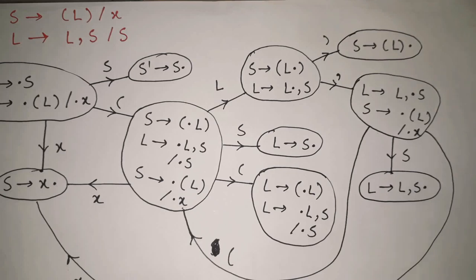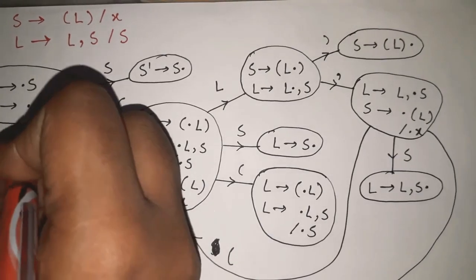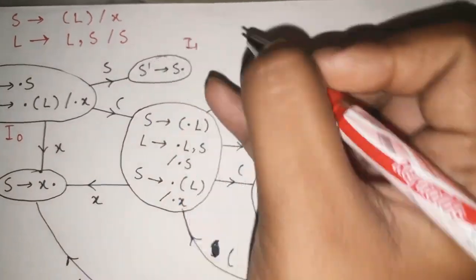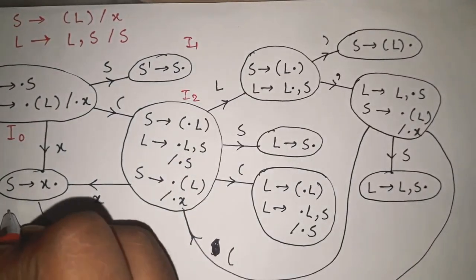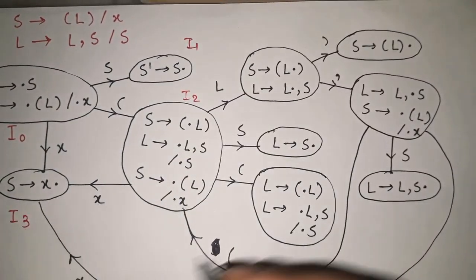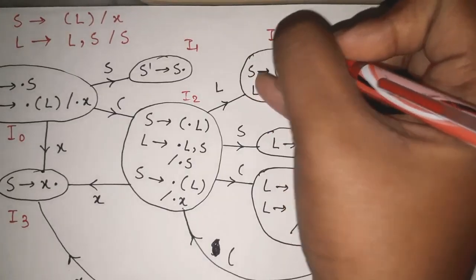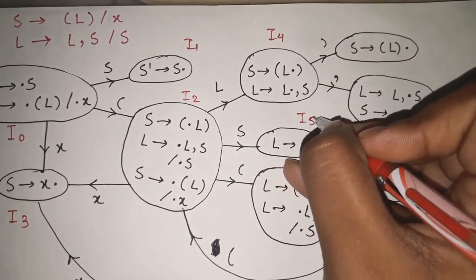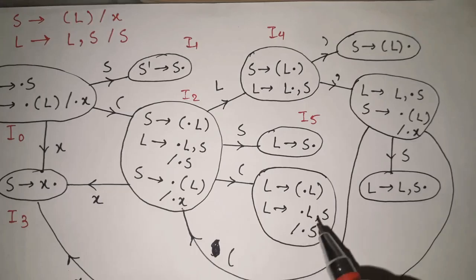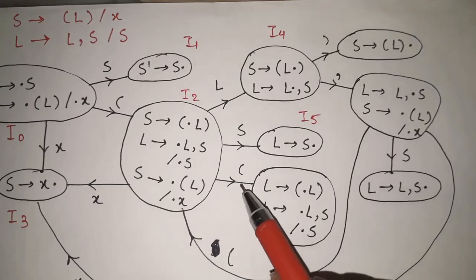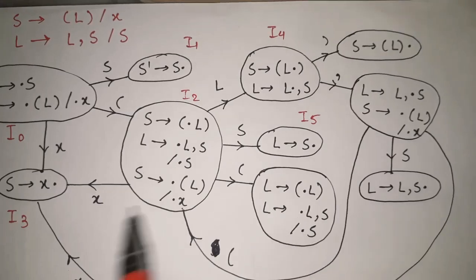So let's give the state numbers. This is I0, I1, I2, I3, I4, I5. Okay, just a second.